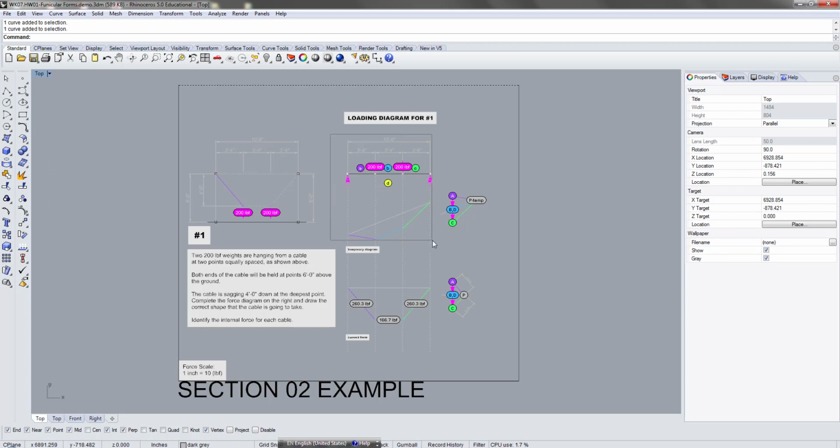Again, we're going to start from a force diagram with a temporary point, and then we're going to adjust the location of point P to draw the accurate force diagram and then determine the answers.